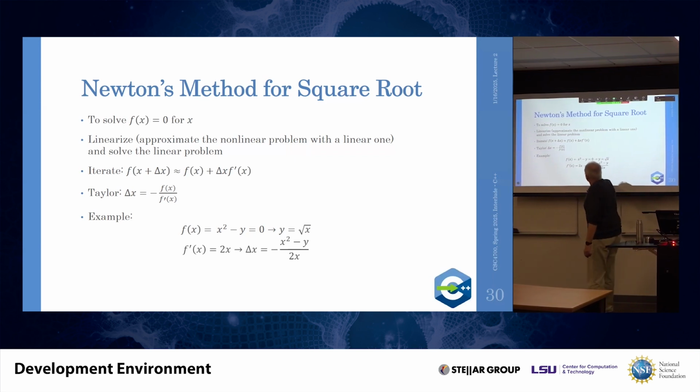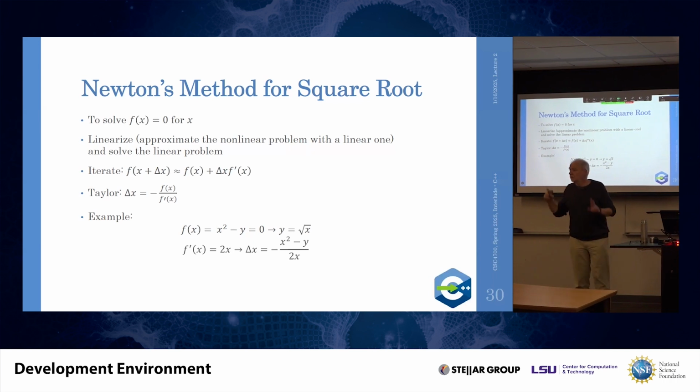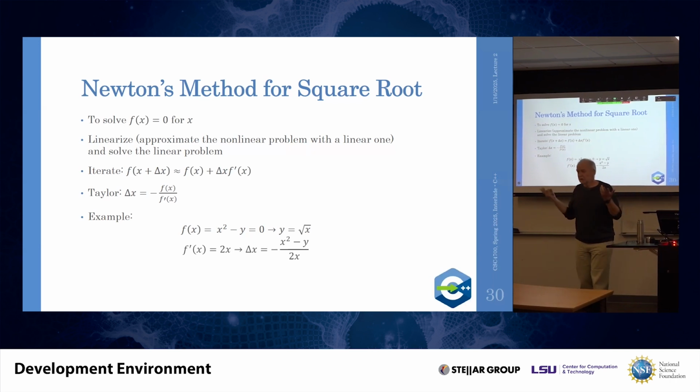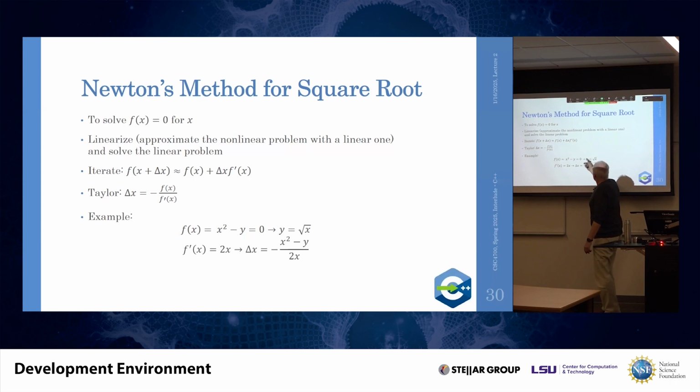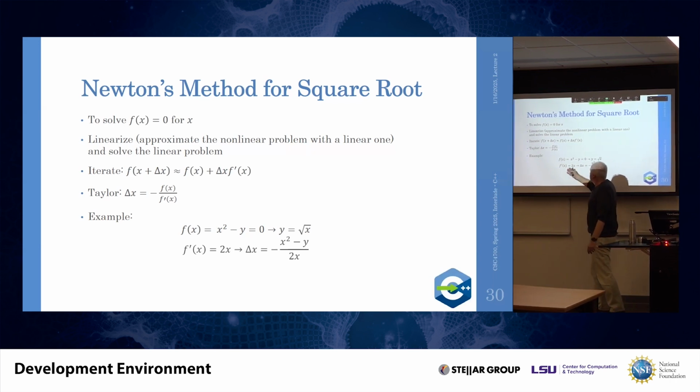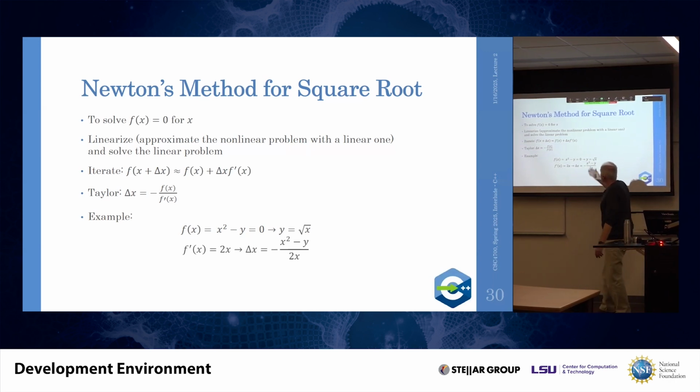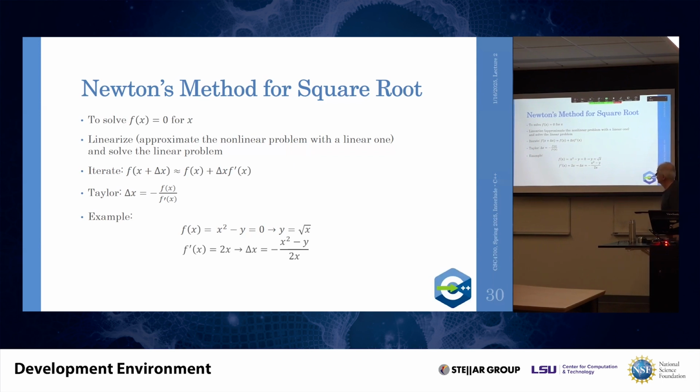That allows us to solve that equation. For instance, if we have an equation f of x is x squared minus y, in other words, y equals x squared, and we want to solve that, then x is the square root of y. So the derivative is 2x. In other words, our delta x is defined like x squared minus y over 2x.